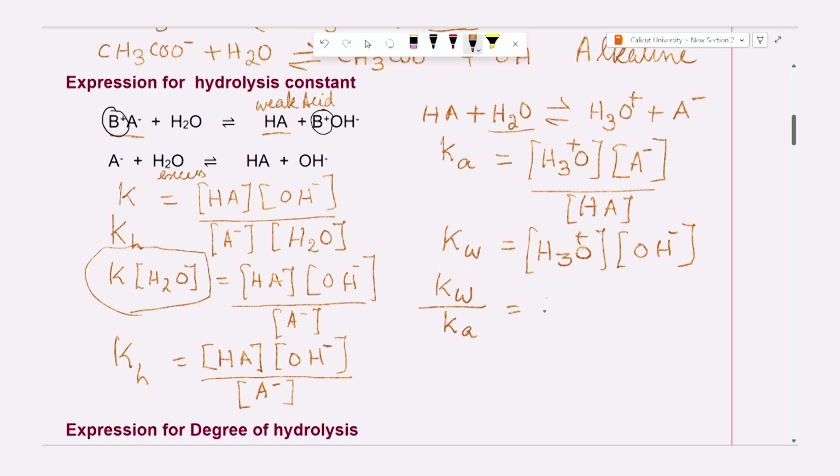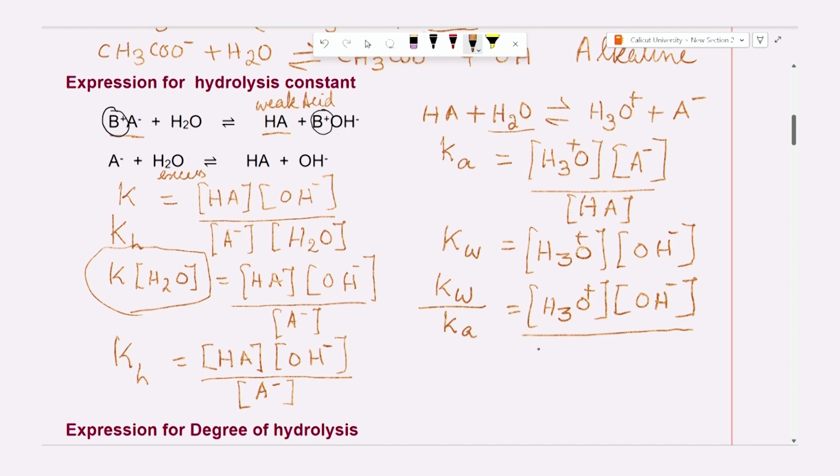Kw is H3O plus into OH minus, divided by Ka. What is Ka?